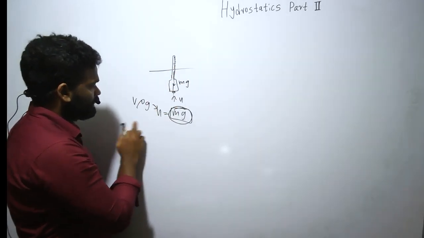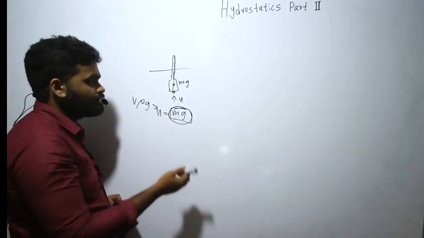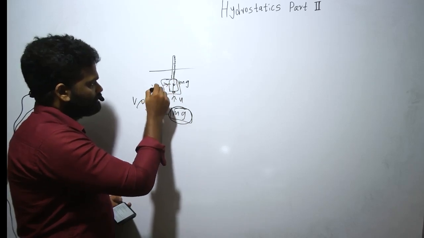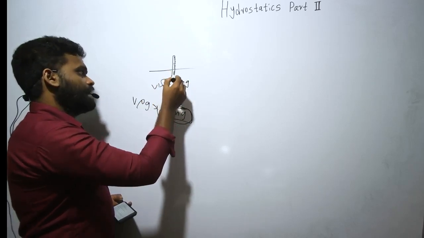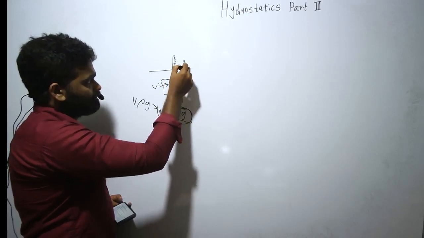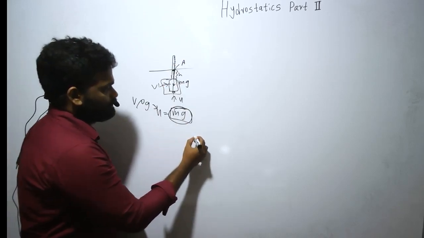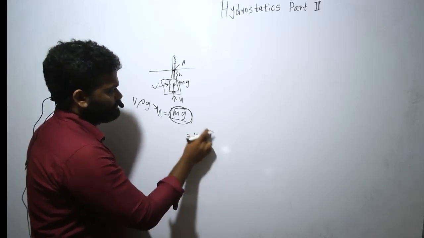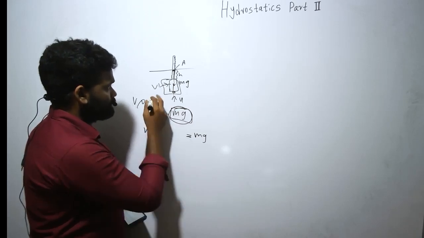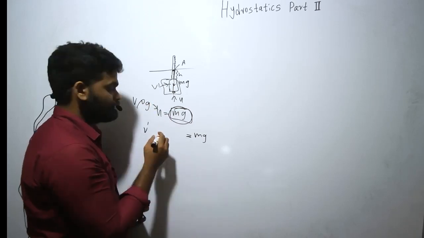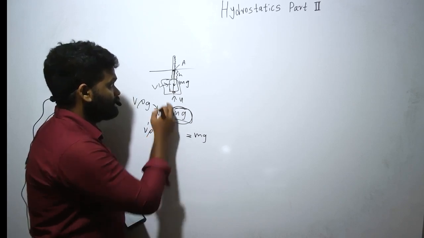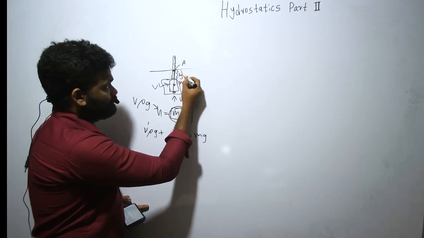I'm not going to write the whole equation here. If you want to, you can take this volume to be V dash, the immersed height to be simply h, and the cross section here to be capital A. Then mg, the weight of the hydrometer, is equal to the upthrust. The upthrust is V dash rho g, where rho is the density of the liquid to be measured, plus this much. What's this volume?